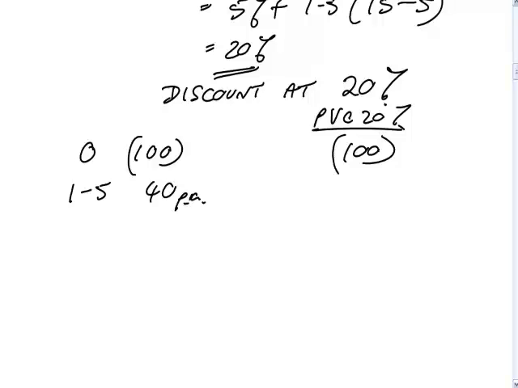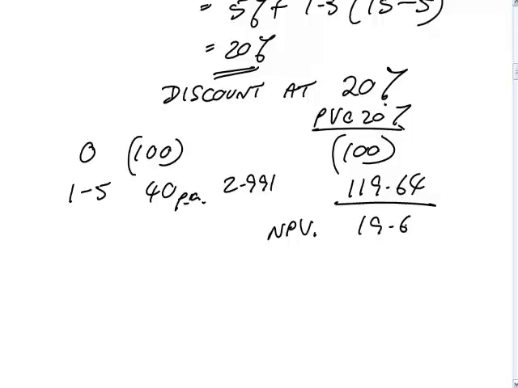The factor is 2.991. The present value is 119.64. The NPV is 19.64.